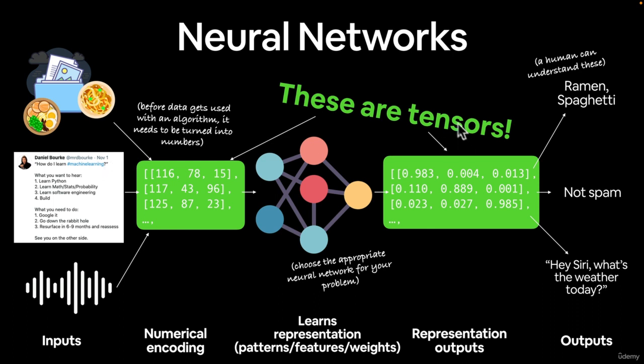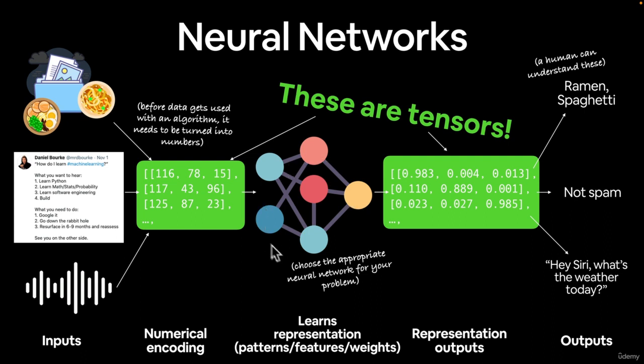But this is a very important takeaway, is that you have some sort of input data. You're going to numerically encode that data, turn it into a tensor of some kind. Whatever that kind is will depend on the problem you're working with. Then you're going to pass it to a neural network, which will perform mathematical operations on that tensor. Now, a lot of those mathematical operations are taken care of by PyTorch behind the scenes.